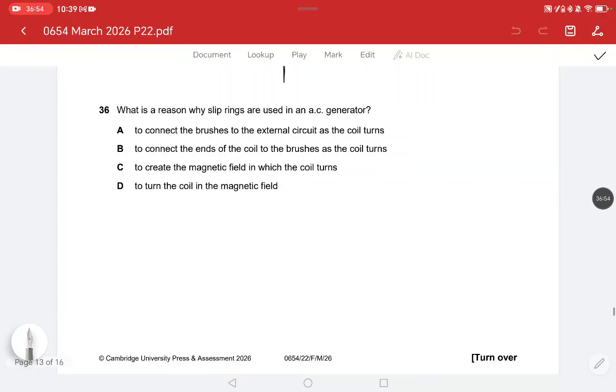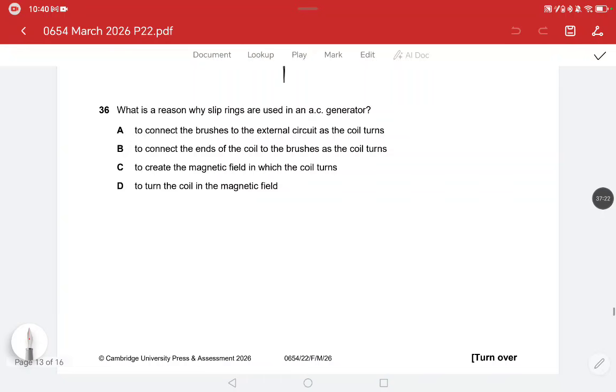Okay, so let's see what we have there. The first one, to connect the brushes to the external circuit as the coil turns. Next one, to connect the end, but we said that brushes are fixed, not moving. So to connect the ends of the coil to the brushes as the coil turns.